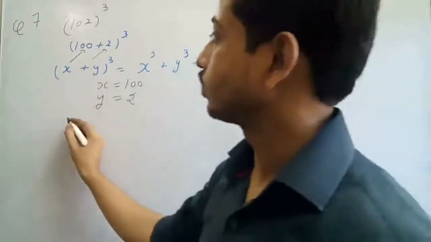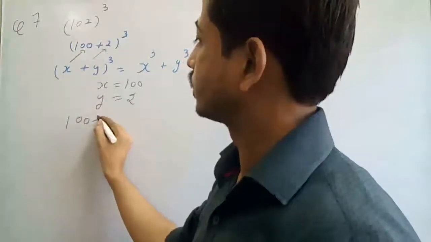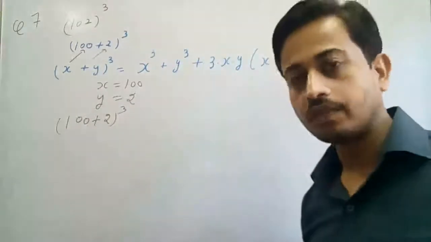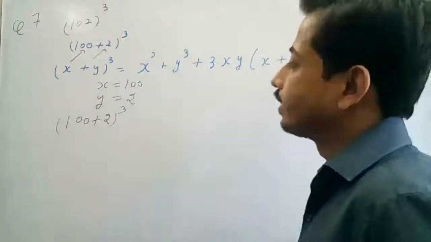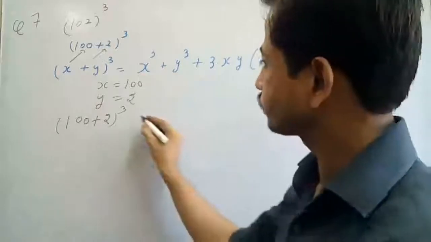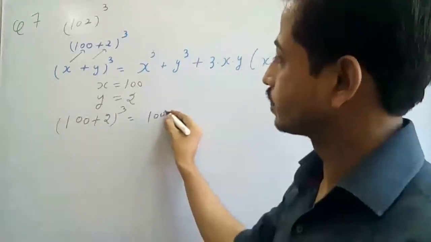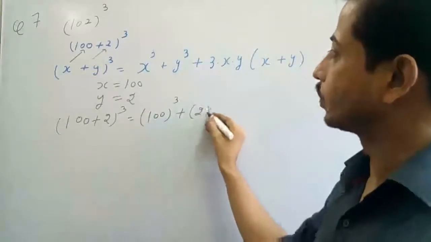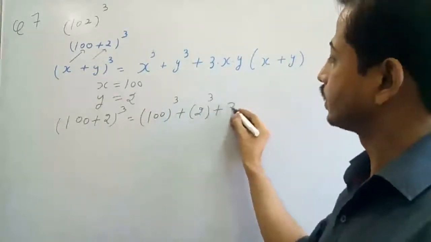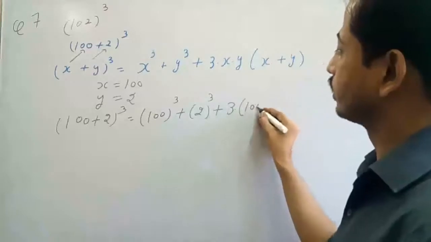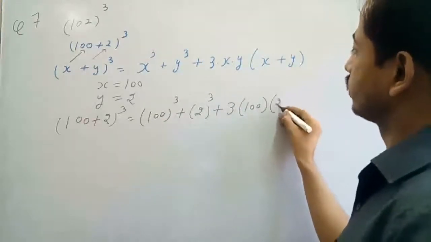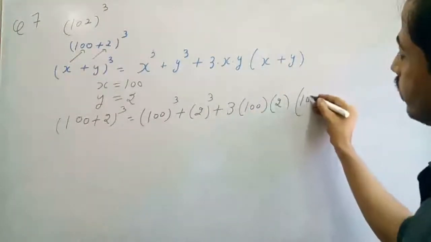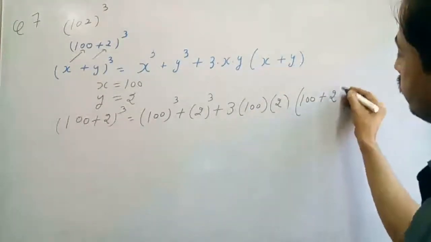So please try to solve. 100 plus 2 whole cube. Now put x is equal to 100 and y is equal to 2. So this becomes 100 cube plus 2 cube plus 3 into x, which is 100, and y, which is 2, into x plus y.